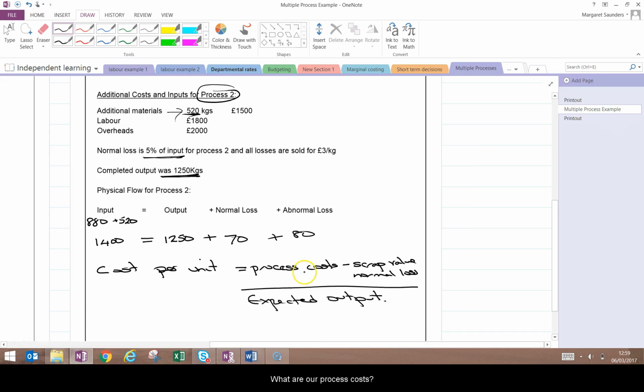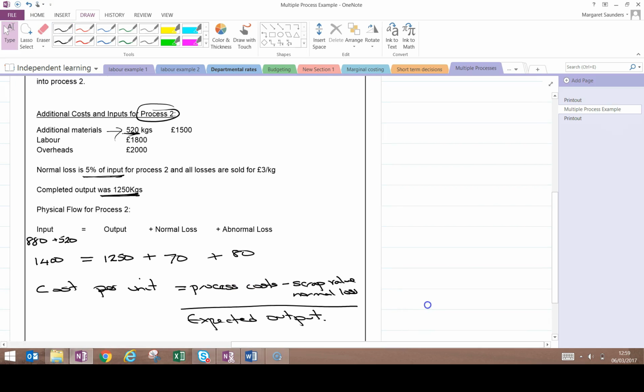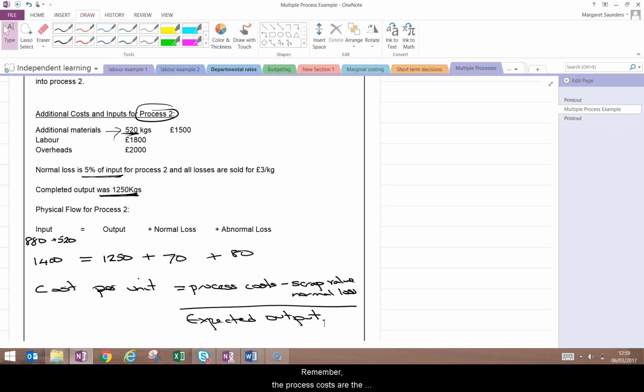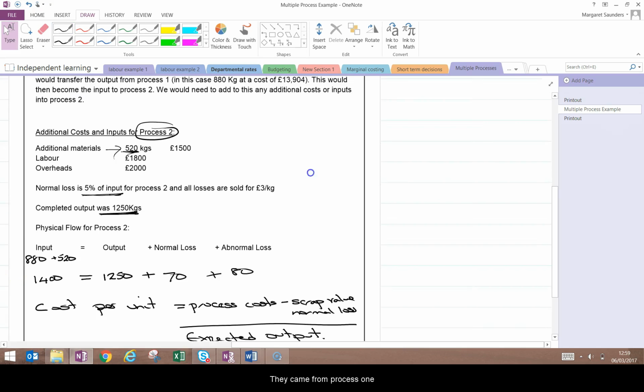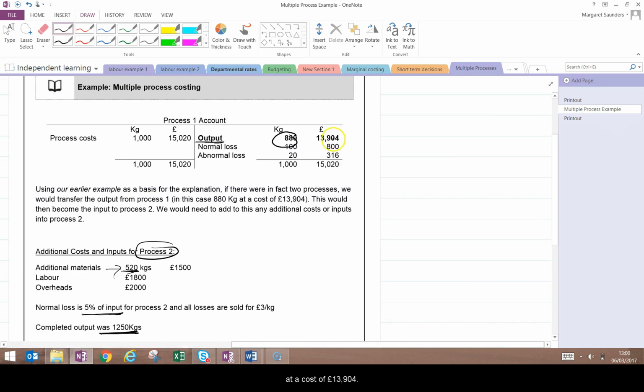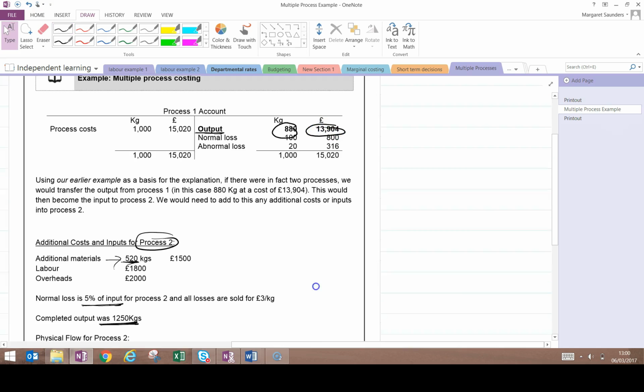So what are our process costs? Remember, your process costs are the costs of your input. We input 880 kilos. They came from process 1 at a cost of £13,904.